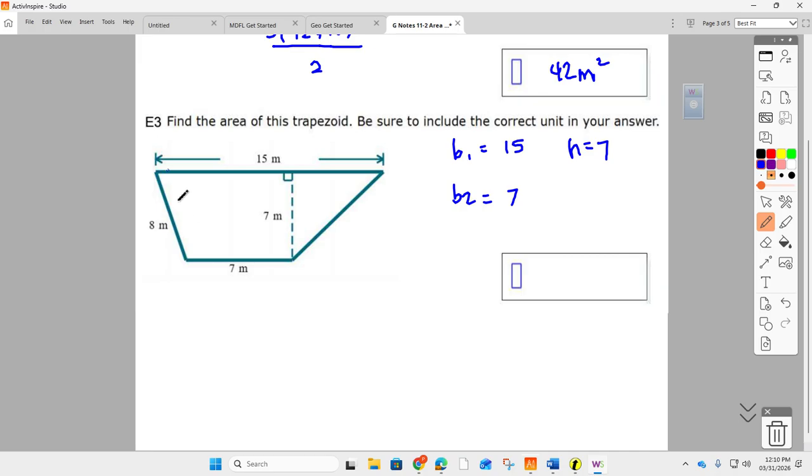They do give us the length of one of the legs. It's not necessarily the same length here, unless they told us this was an isosceles trapezoid, but it doesn't look like they're the same length, does it? So we're going to plug it into our formula. The height of the trapezoid times the sum of the bases, all divided by 2.